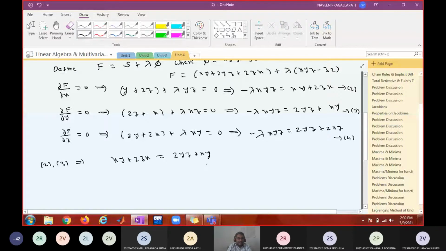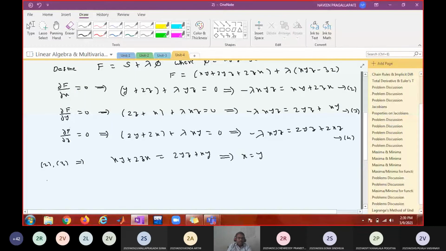So from this, xy gets cancelled. What is the relation you will get? Xy can get cancelled, 2z you can cancel. What do you get? X equal to y. Yes, x equal to y.